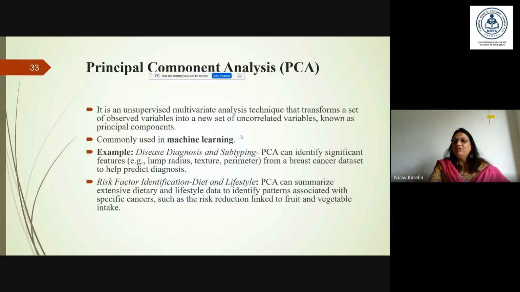Then risk factor identification, diet and lifestyle. I think in the last few days in a WhatsApp group, a cardiologist in Chennai died. Everyone assumed, as has been established, that if your lifestyle is not regular, you don't get proper sleep, your habits are not good, and you have long working hours, then there are chances of heart attack and sudden cardiac arrest.